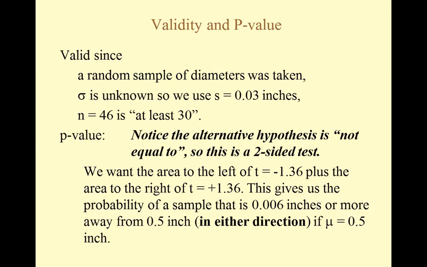So what we're finding is the probability a sample is 6/1000ths of an inch, okay, 0.494 minus 0.5 was 0.006, so 0.006 inches or more away from 1/2 in either direction, either below it or above it by at least that much, if mu is really 1/2 inch.